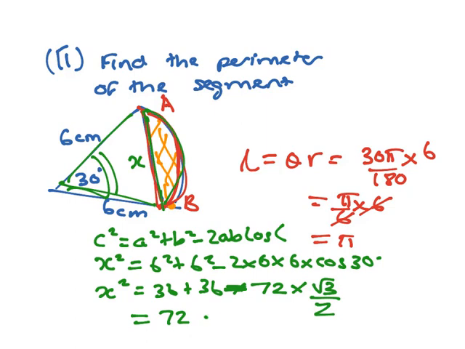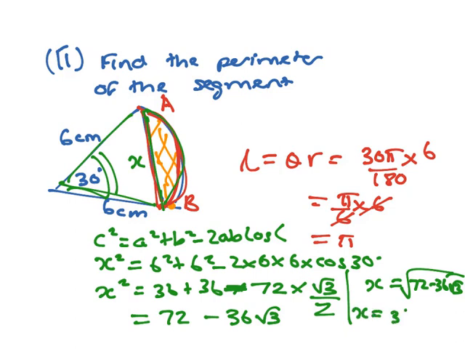So it's 72 minus 36 root 3. So x is the square root of 72 minus 36 root 3. You could pull out the root 36, so that's 36 times 2 minus root 3. So that would be 6 root 2 minus root 3.